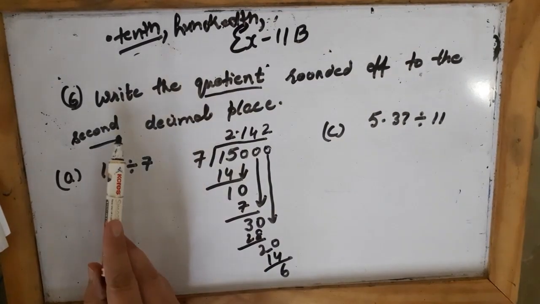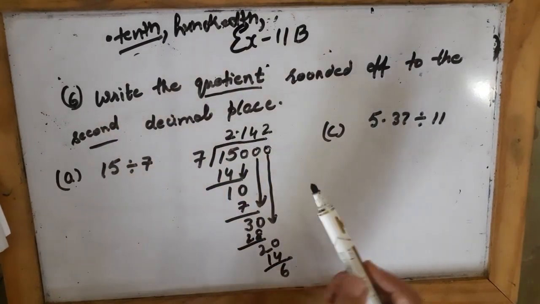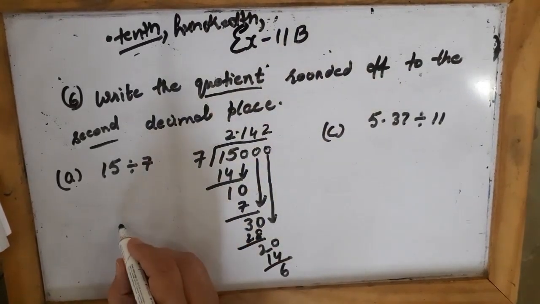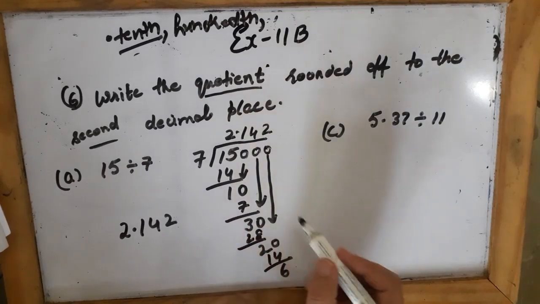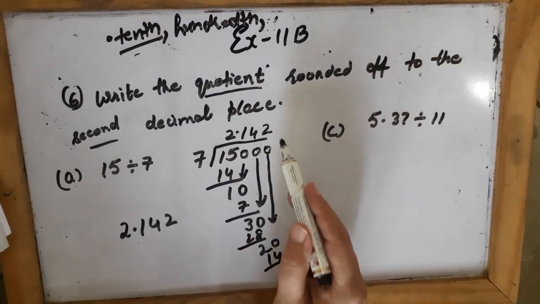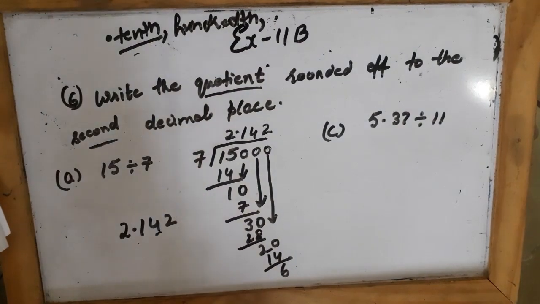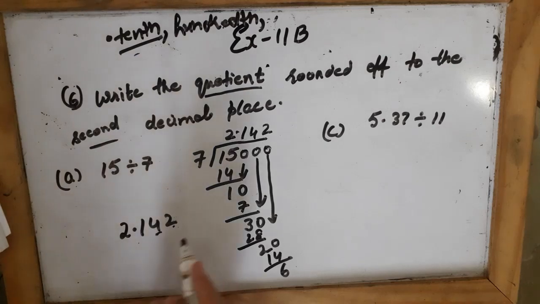Now in the question they wanted the quotient to be rounded off to the second place. Now when I have solved till here, I got the quotient 2.142, though my sum is not finished, but I can finish off here because I want my answer only to the second place, and I know the third place also. So I don't need to go for the fourth place.